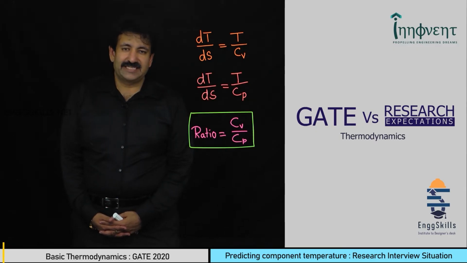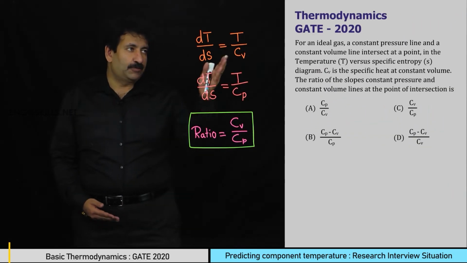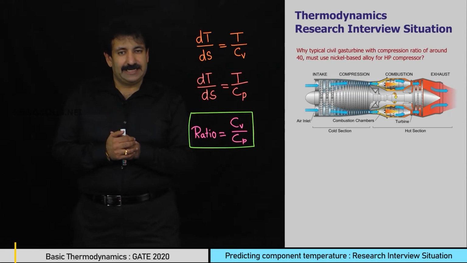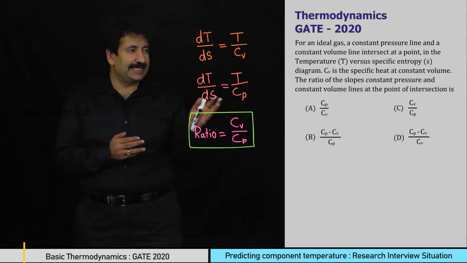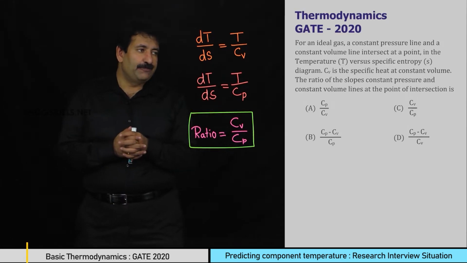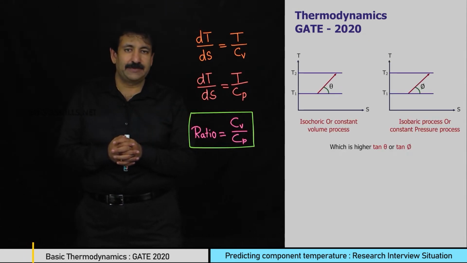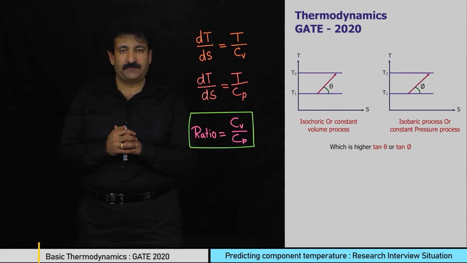Now let's look at two thermodynamic situations, one from GATE 2020 and the second one from a typical engineering research interview. Now, the first question that is asked is which process has a higher slope on a TS diagram, whether it is isochoric or isobaric process.